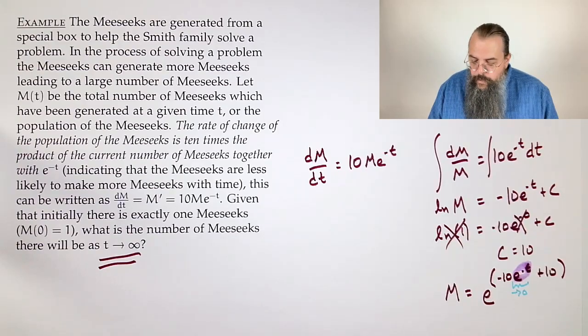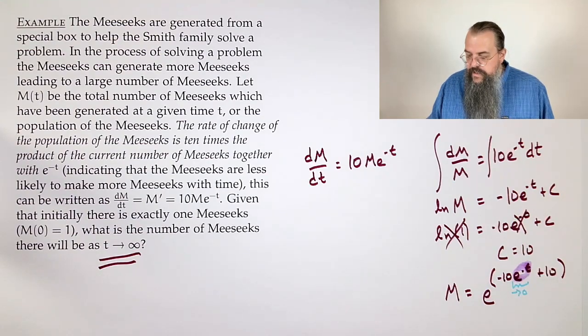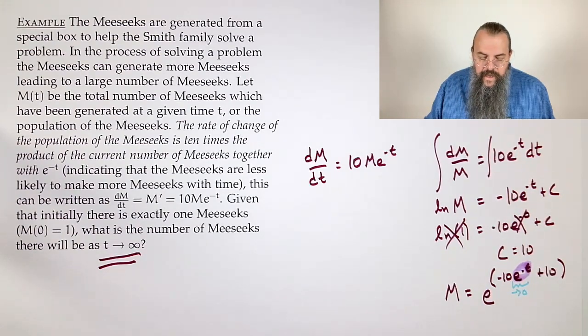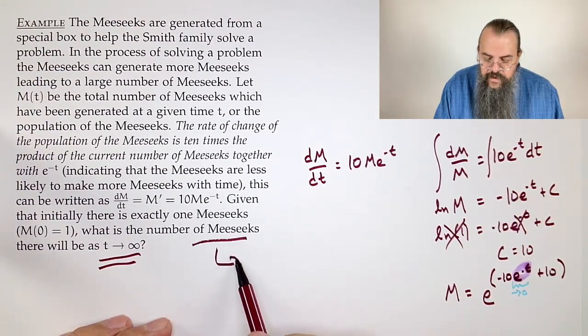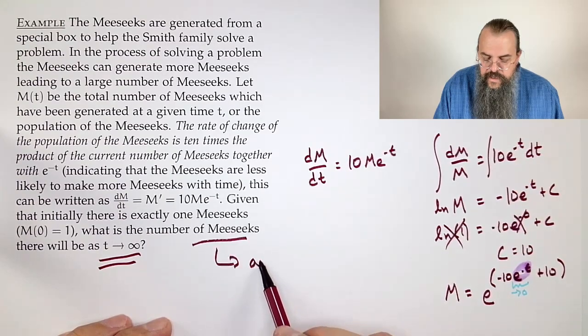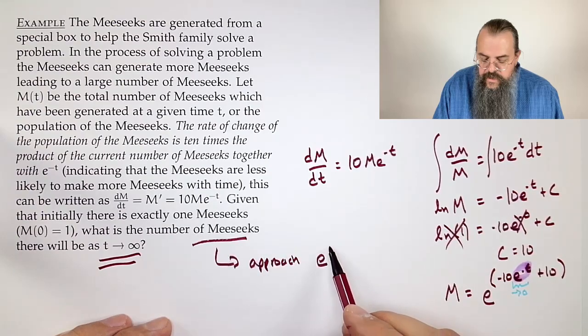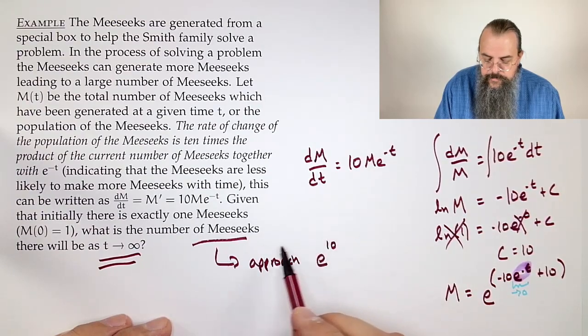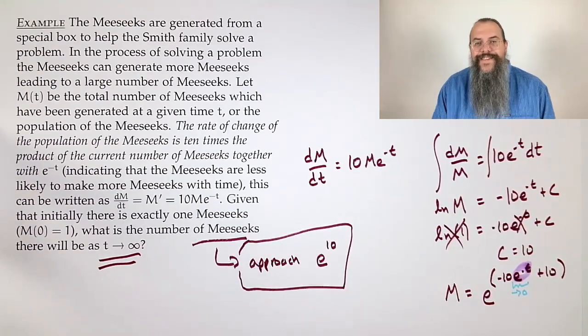All right, well, wonderful. That means the minus 10 times something going towards 0 also goes towards 0, and what's left is 10. So we say, as time goes to infinity, the number of Meeseeks is going to approach the value e to the 10th power. And there you go. That's the answer.